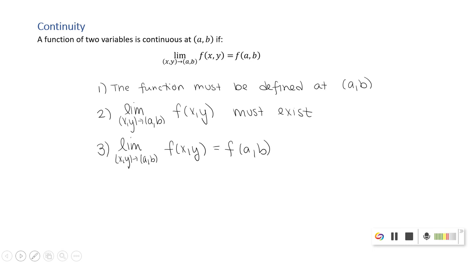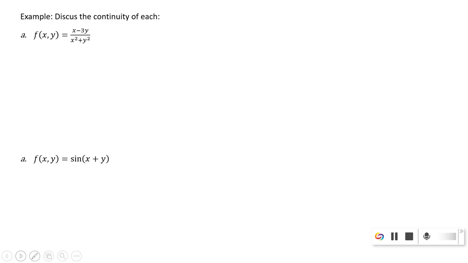So in order for a function to be continuous, the function must be defined at the point that you're interested in. The limit must exist at that point. And both the limit and the function value must equal the same number. So if we want to find the continuity of these functions, we're going to do something similar to what you did in Calc 1 when you first talked about continuity.